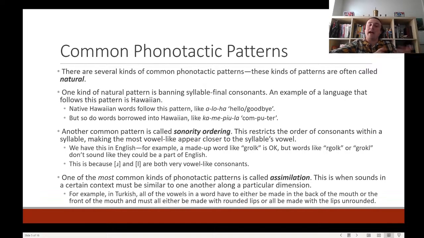And they have to all either be made with rounded lips or all be made with lips that are not rounded. So they've got this assimilation restriction in their phonotactics that says all these vowels need to match along the dimension of backness and the dimension of roundness.